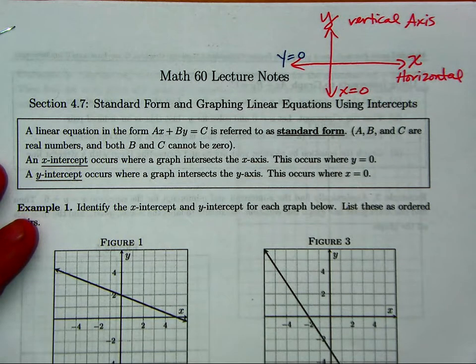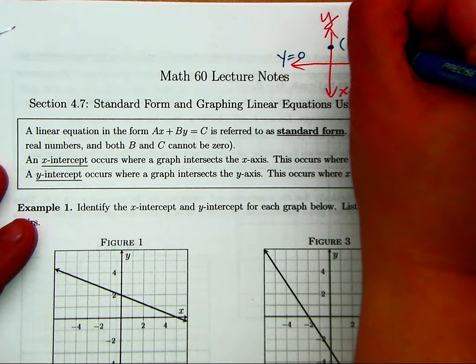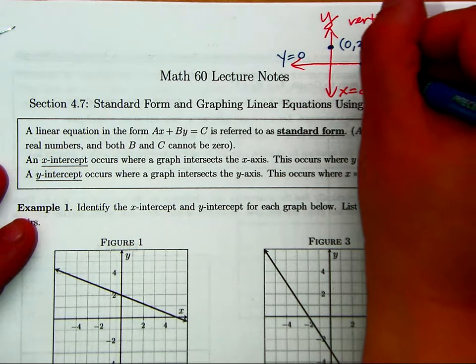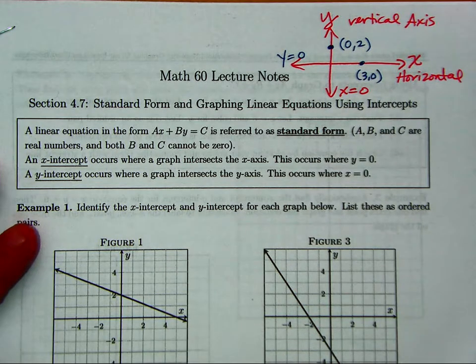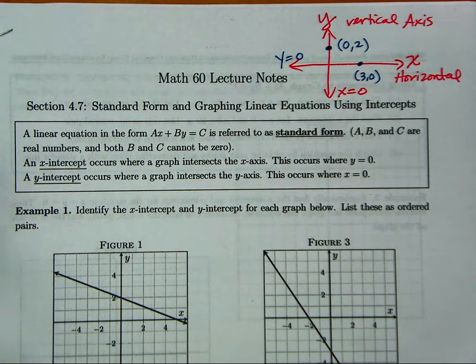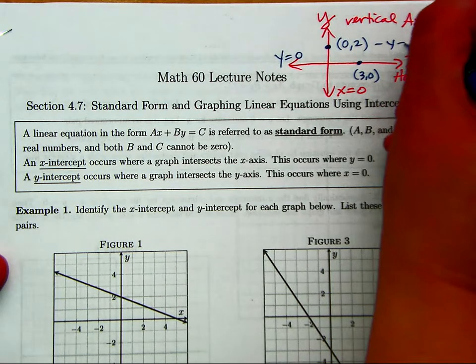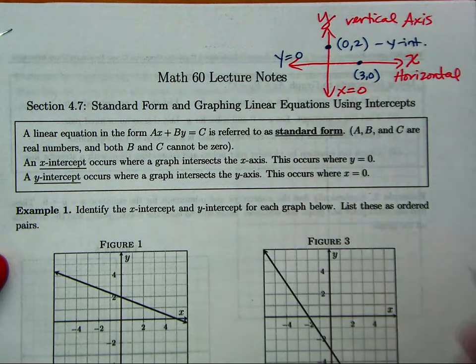Now, if you have a point, let's say you have a point here, and let's just call this point 0, 2. And let's call this point over here 3, 0. What are those points called? The one on the y-axis is called a what? A y-intercept. The one on the x-axis is called the x-intercept.